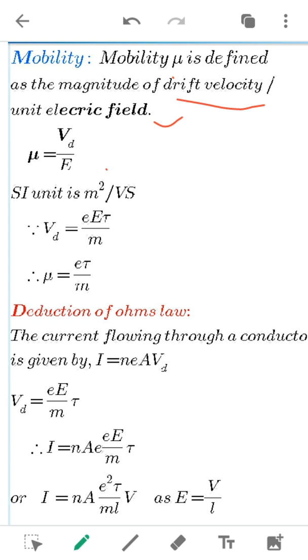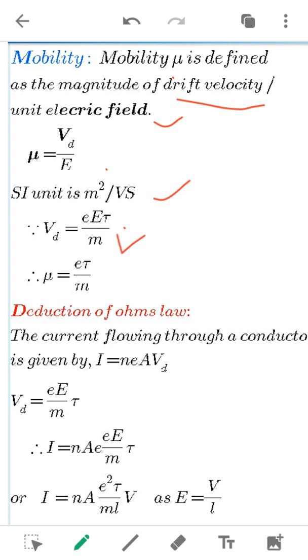And what is the SI unit of the mobility? Meter square per volt into second. Then since Vd equal to capital E tau by M, this we have seen in the previous video lecture on drift velocity.